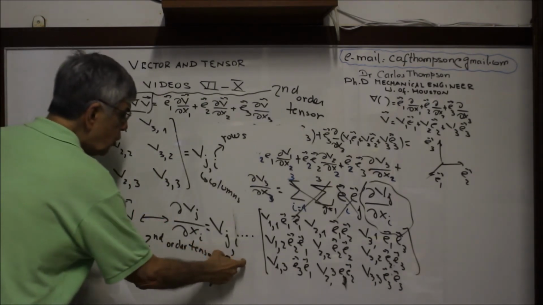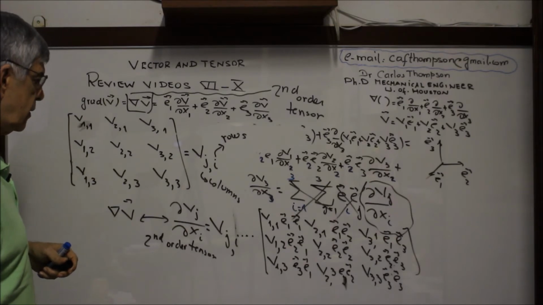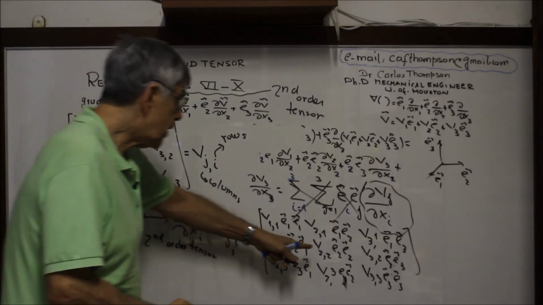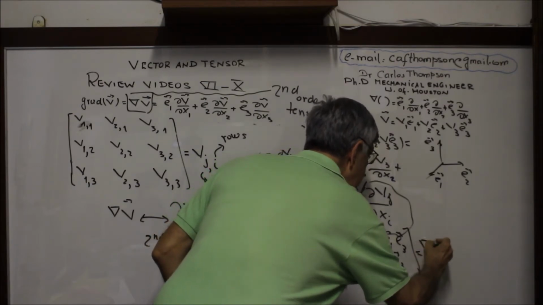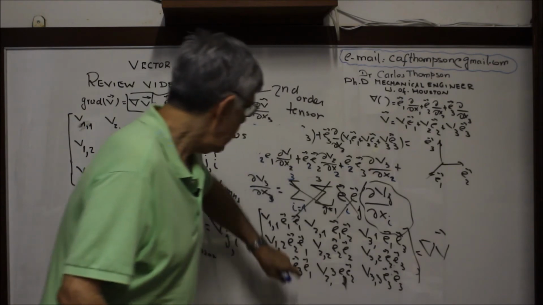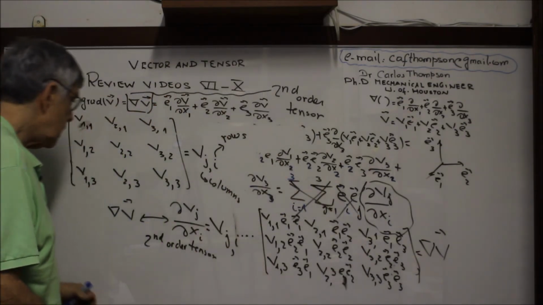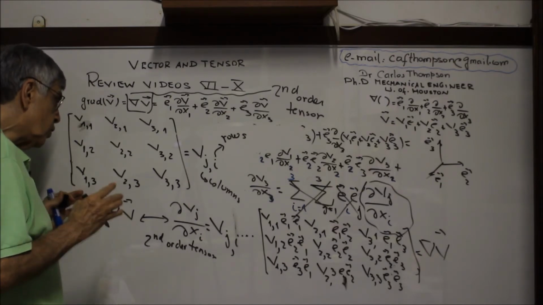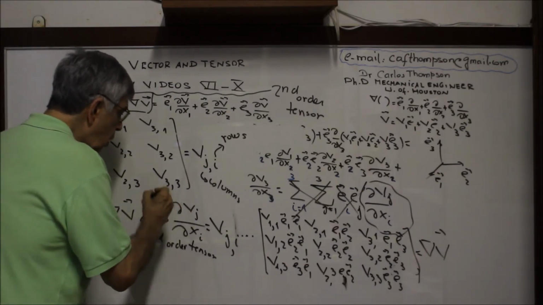We have two free indices over here. See? So here I can write like this. You see, this is nabla v.